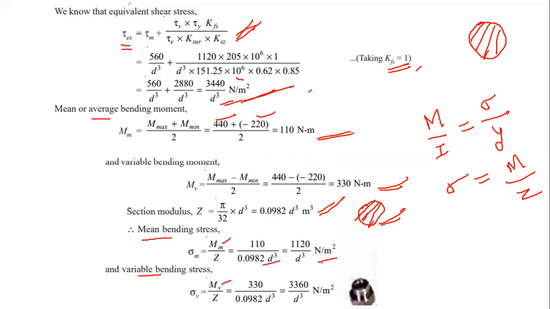The value is 1120 by d cube, the mean bending stress. In a similar way, sigma v, the variable bending stress, equal to Mv by Z, 330 by 0.0982 d cube, equal to 3360 by d cube, the variable bending stress.